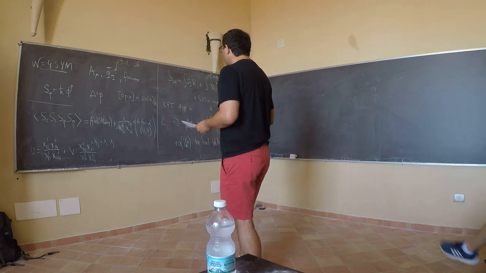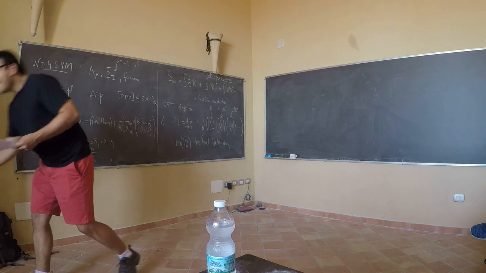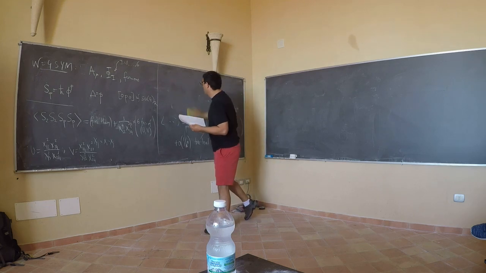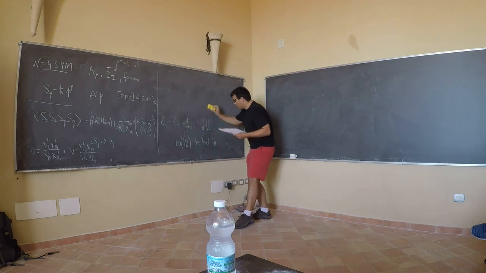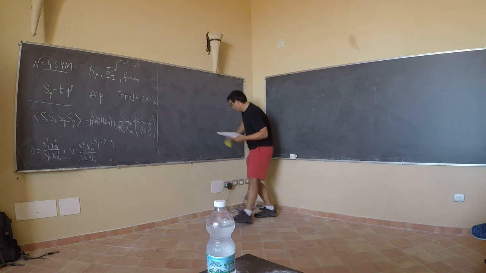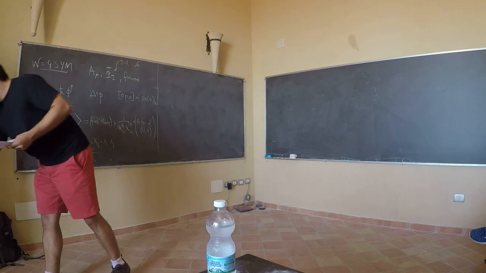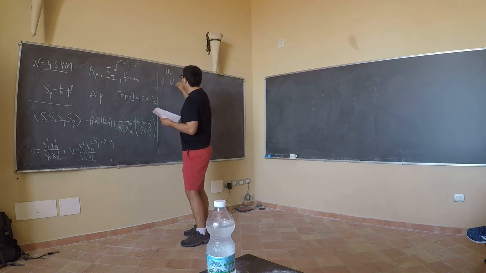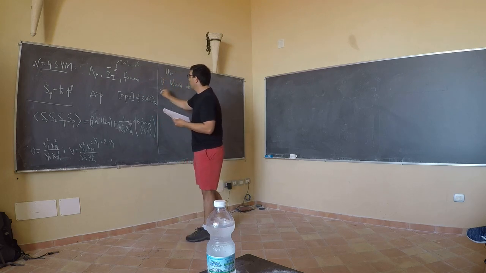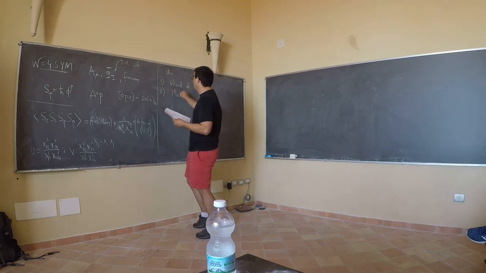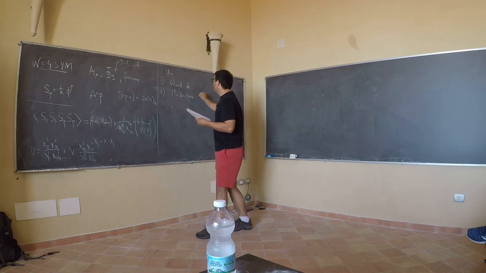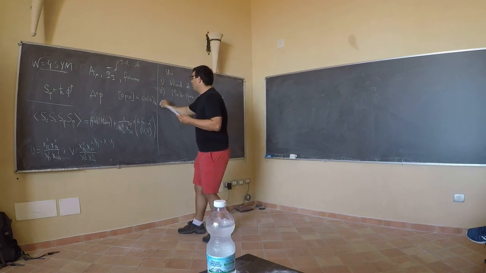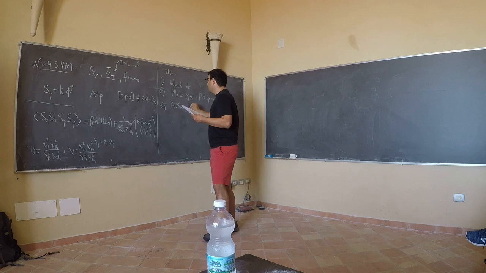So to compute it, what am I going to use? These 3 things: Ward identities, supersymmetric Ward identities; the flat space limit; and supersymmetric localization.